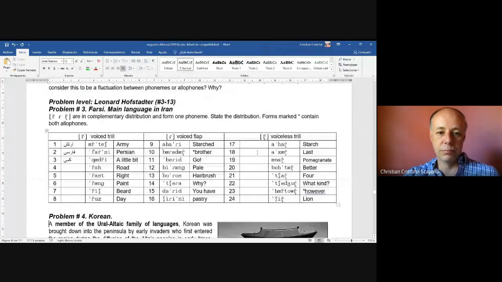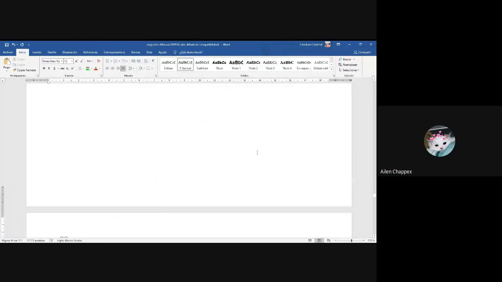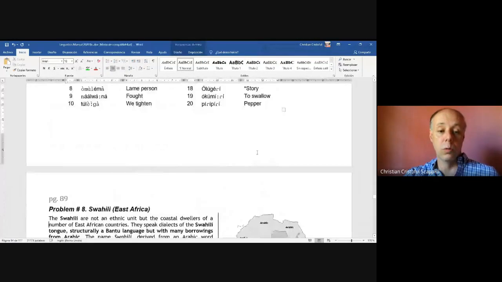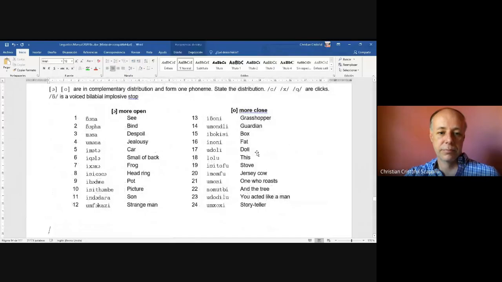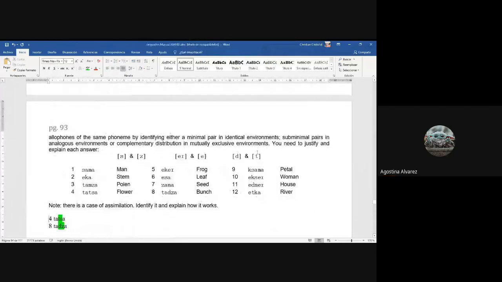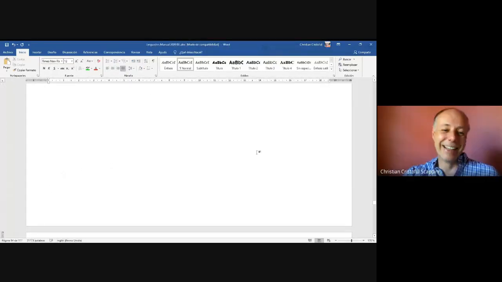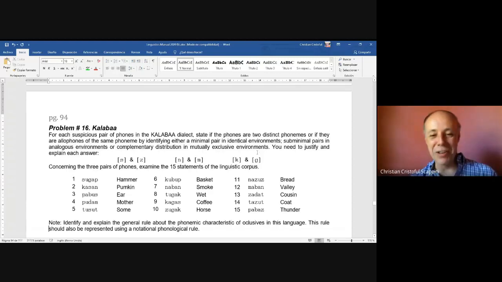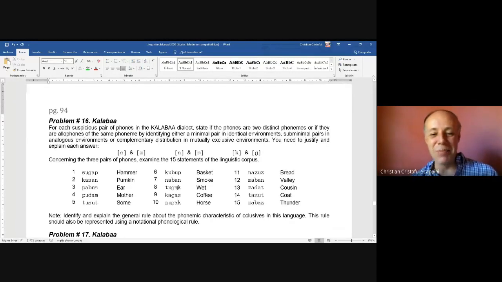Calava, no. Professor, it is number 16, I think. Oh, all right. Why are the numbers different? Because every year I keep changing my manual. I keep adding things, modifying things, deleting things. That's why.